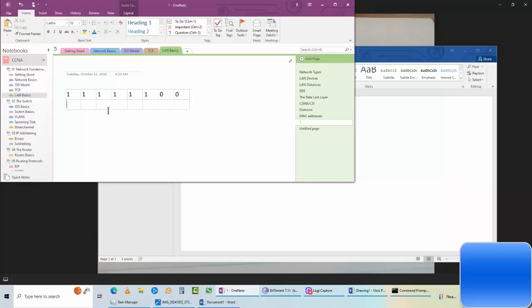Now remember, we are using our numbers here: 1, 2, 4, 8, 16, 32, 64, 128. Whatever bit we are stopping at is the bit that gives us our magic number.